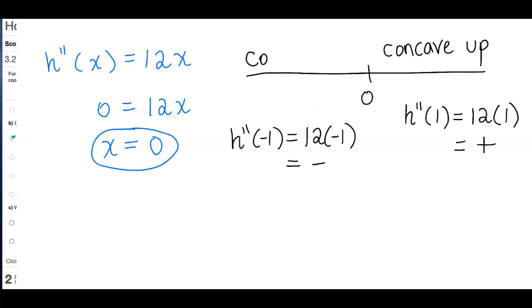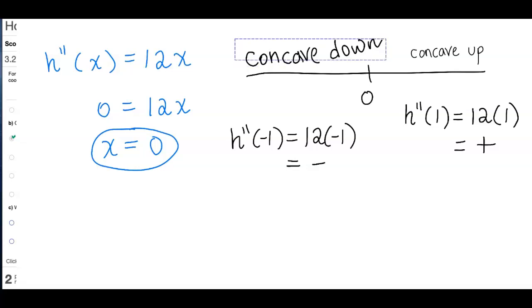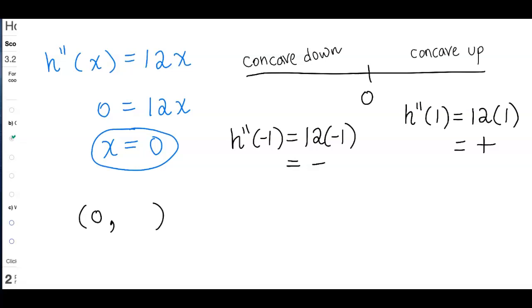That means the interval to the left of 0 is concave down. So because the concavity to the left and right of 0 are different, 0 is the x-coordinate of the point of inflection. Now I need to find the y-coordinate of this point of inflection.